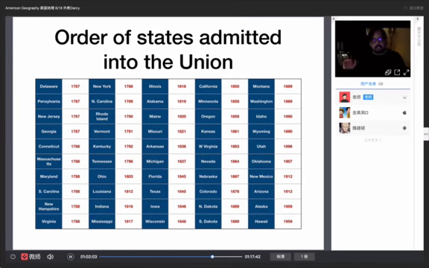And then these other states came in later years, beginning in 1787 and finally completing in 1959. Alaska and Hawaii were recognized as states in 1959. So you can look at this slide when I send it out later.